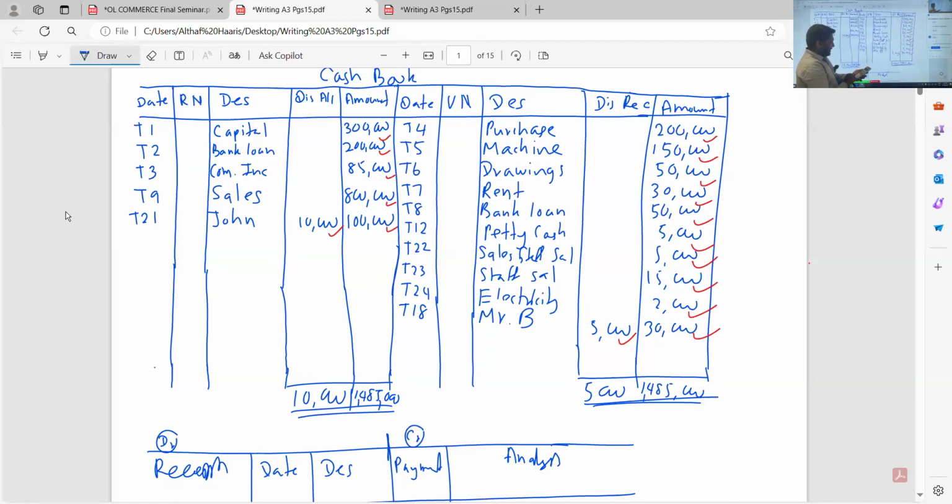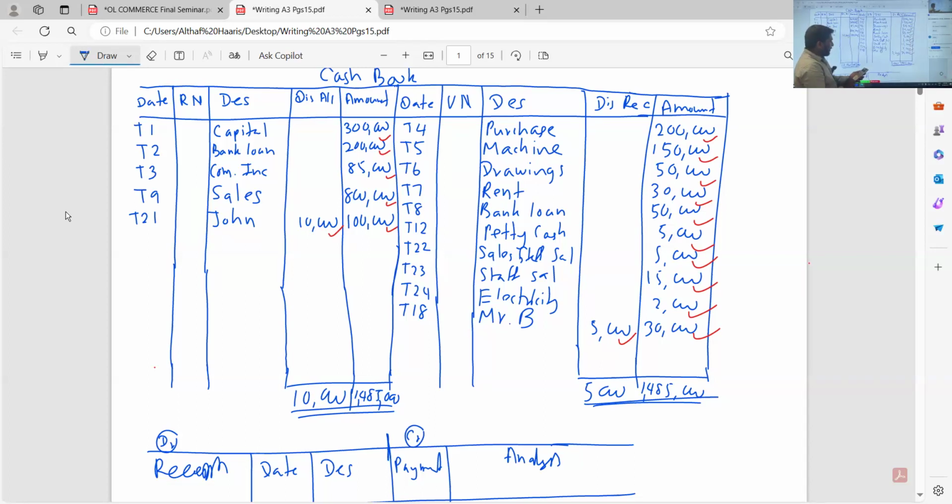1,485,000 minus 200,000 minus 150,000 minus 50,000 minus 30,000 minus 50,000 minus 5,000 minus 5,000 minus 15,000 minus 2,000 minus 30,000.